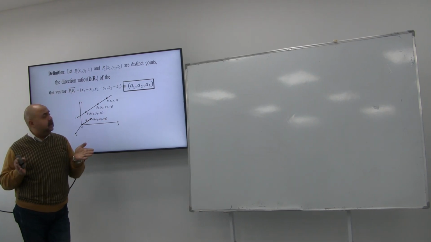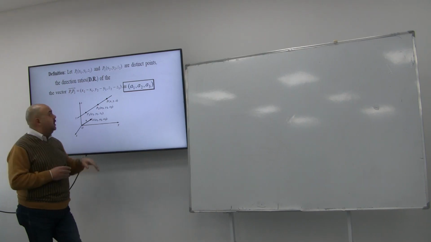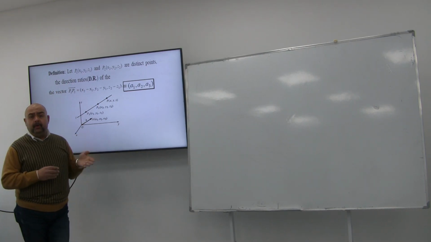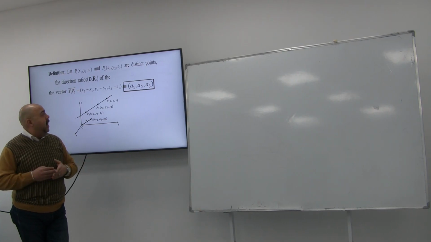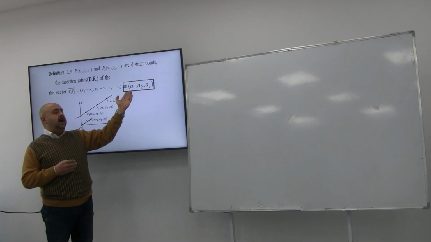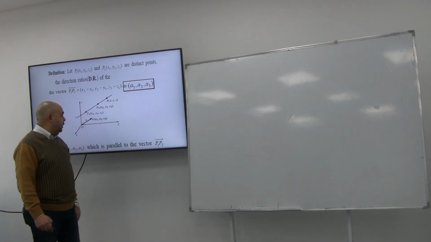If I do the vice versa, taking x1 minus x2, y1 minus y2, z1 minus z2, I will also have a direction vector, which is going to be the same.